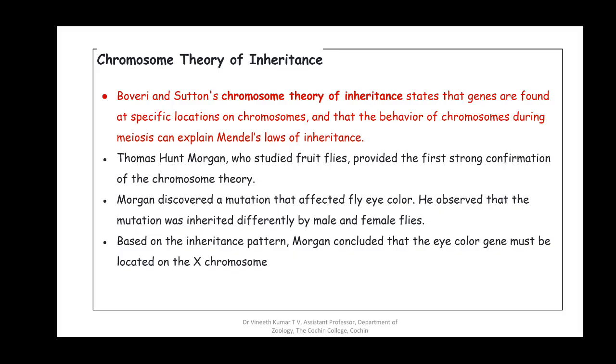Morgan discovered a mutation that affected the eye color of the fruit fly. He observed that the mutation was inherited differently in males and females, and thus he was able to identify a difference in their sex chromosomes.